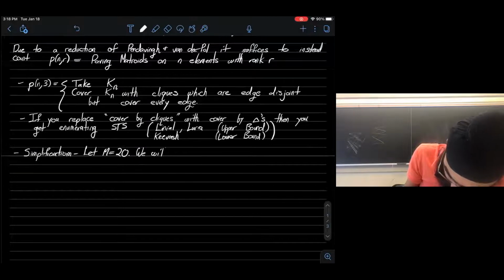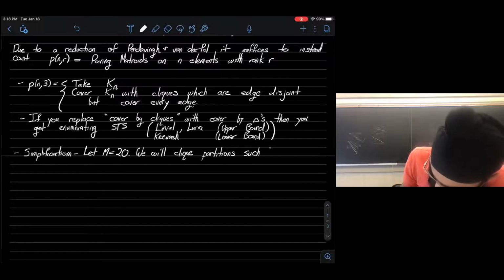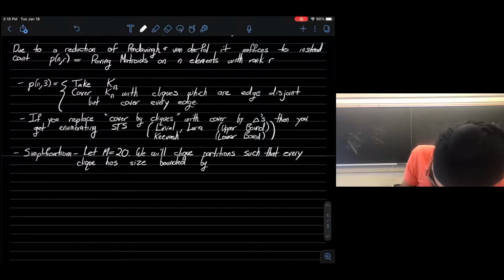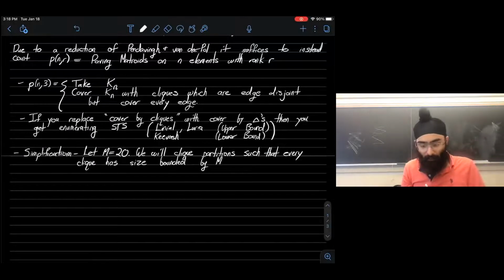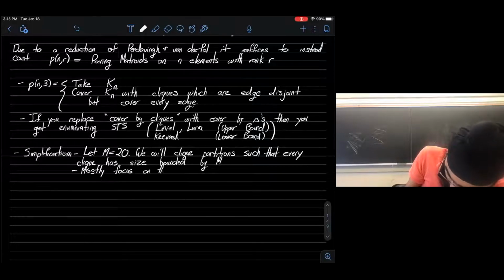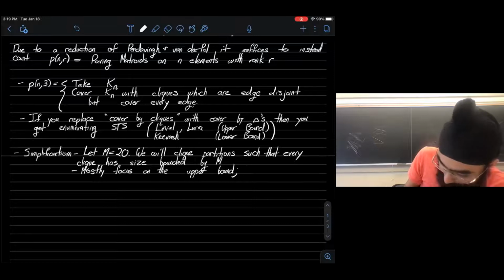We will consider clique partitions such that every clique has size bounded by M. And I will mostly focus on the upper bound. The lower bound is more straightforward.